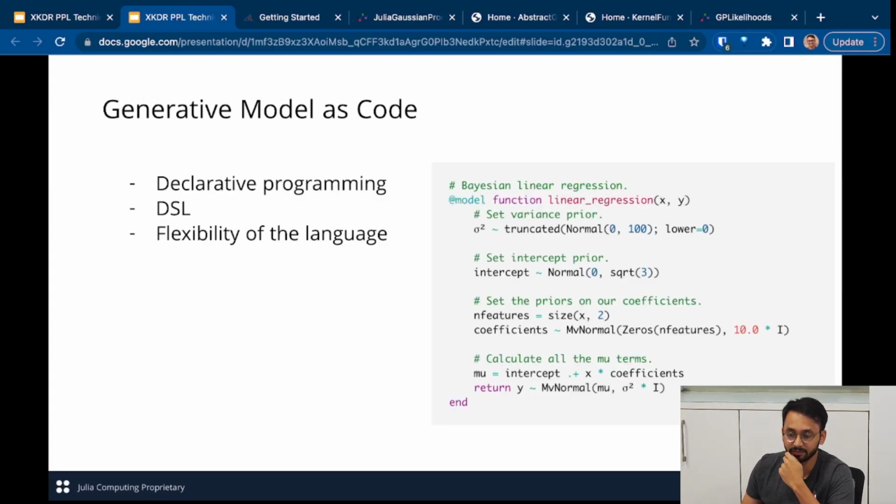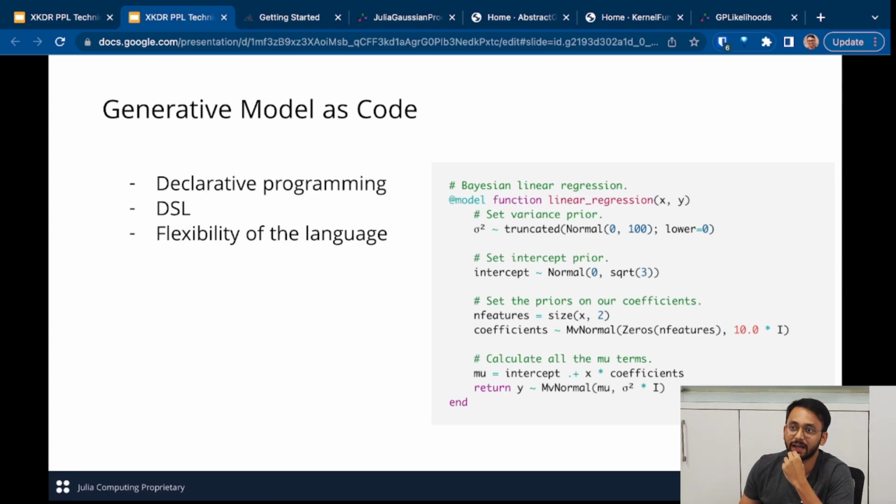So the next main thing which we will deal with is how do we represent the given generative or probabilistic model as code. It is often done in a declarative manner. That means essentially representing the whole model together. As you can see here, the entire linear regression model along with the priors with respect to different parameters are together represented in an at model macro, and this is often enabled through some sort of a domain specific language.